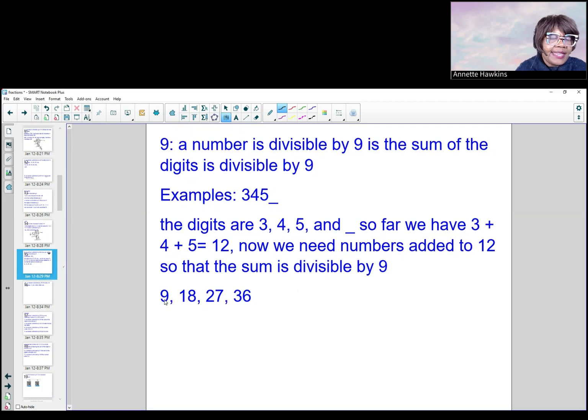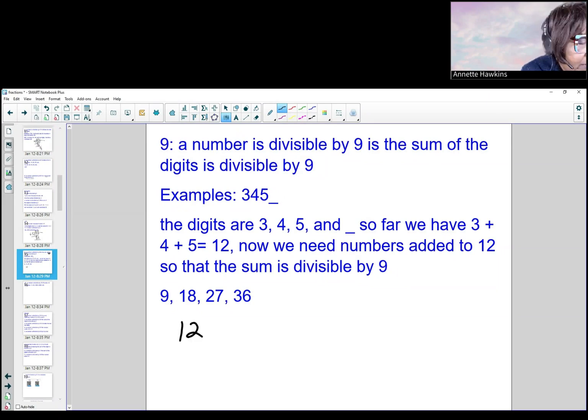If I put a 9 here, that gives me 21, but 9 would not divide 21. Let's see. If I put a 7 here, what am I trying to get? 9? Yeah. So we got 12.